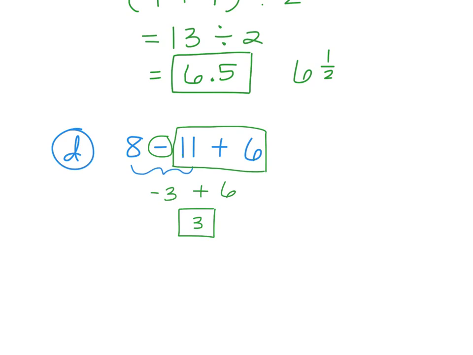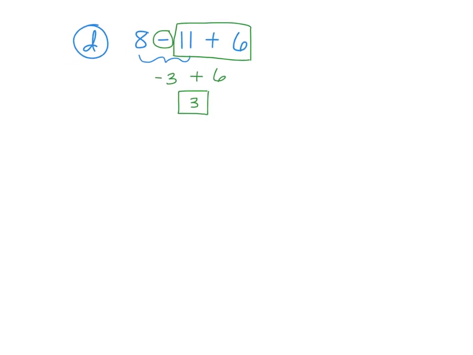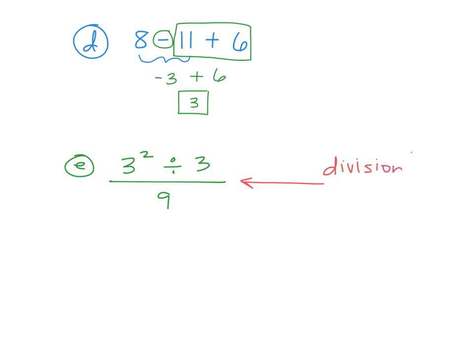Good? Okay, last thing to note, sometimes you're gonna see this type of situation. We'll call this E. You have 3 squared divided by 3 over 9, okay? What I need you to be aware of is that a division bar like this acts like parentheses.